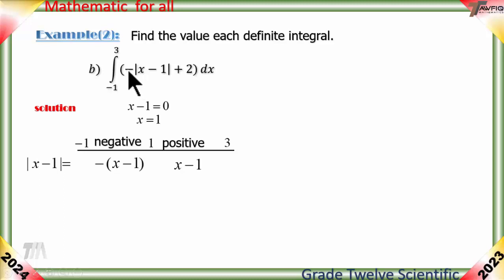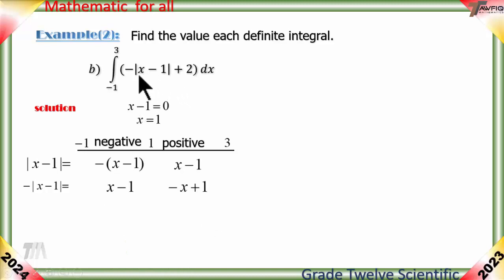Because before the absolute value we have minus, multiply all these by minus. It becomes minus absolute value of x minus 1: minus times minus is positive, so it remains x minus 1, and here minus times positive x is minus x, minus times minus is positive 1.